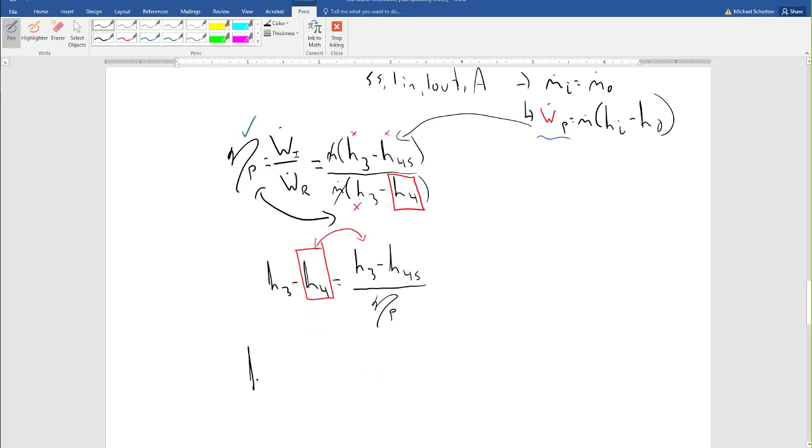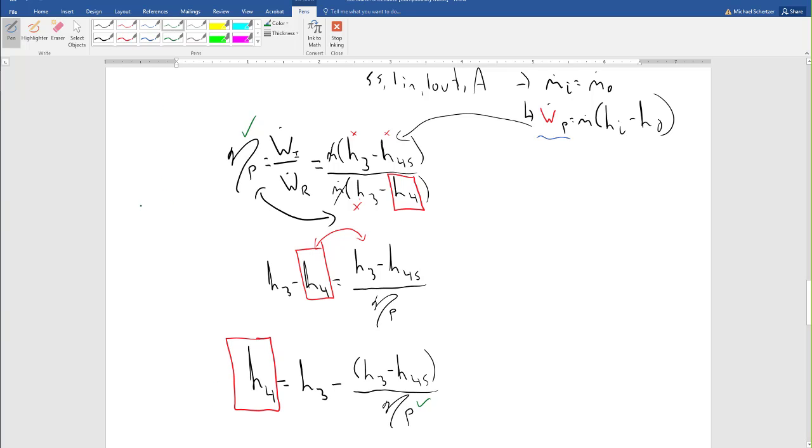So I'm going to have H4 is equal to H3 minus H3 minus H4S divided by the efficiency of the pump. Right, so now at least I have a symbolic solution with the thing that I'm looking for isolated on the left-hand side of my equation.